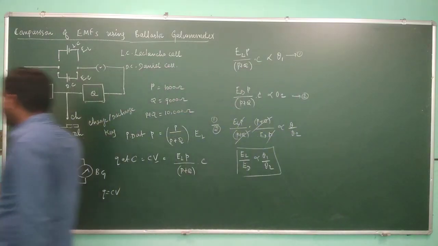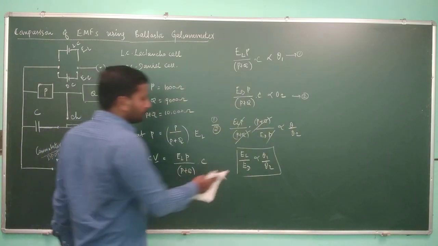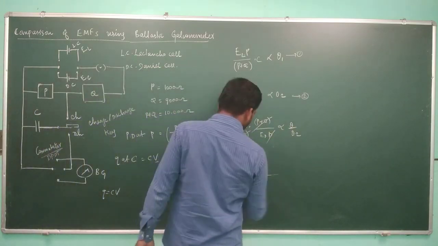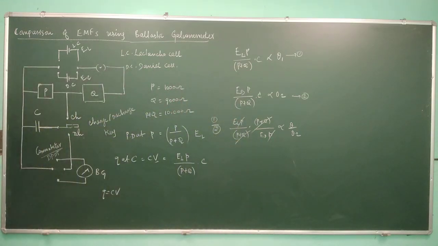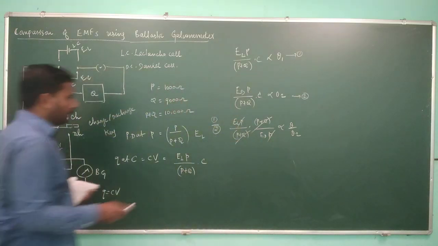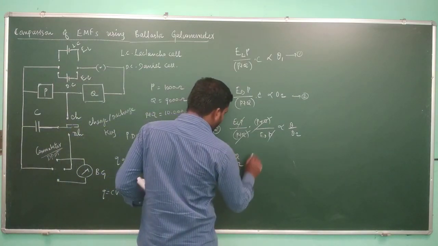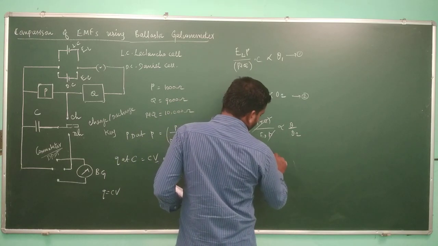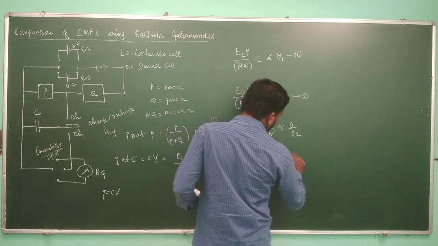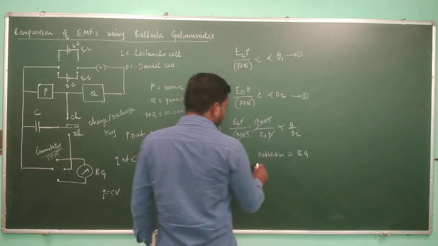What is the tabular column that we are going to use? There is a very simple tabular column where we can write the value of P in ohms, the value of Q in ohms, and then the deflection in ballistic galvanometer.